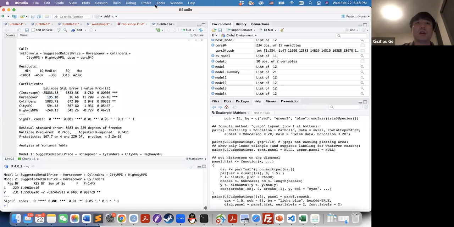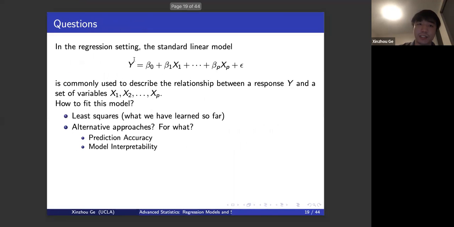If we include all these predictors in our model, we can use such a formula to describe the relationship between price and the different predictors. For example, price is equal to intercept plus 200 times city MPG minus 300 times highway MPG, something like this.